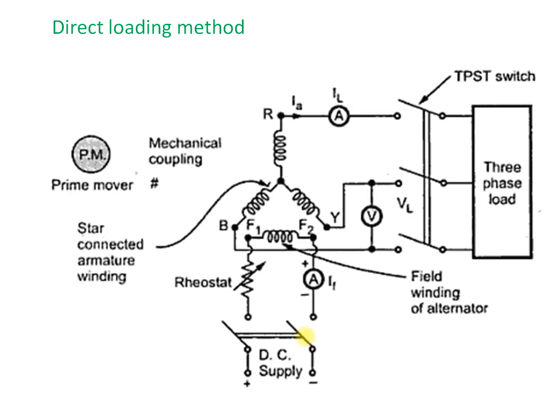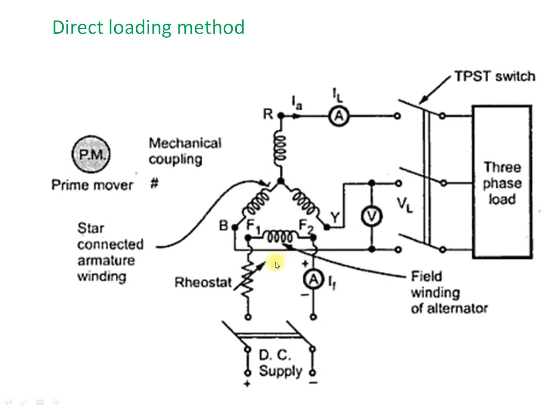So the first one is the direct loading method. In this method we load our alternator with a three-phase load. By directly loading we get the voltage regulation. At first we measure the terminal voltage at no load, and after giving the full load we measure the full load voltage, at a given IF value.